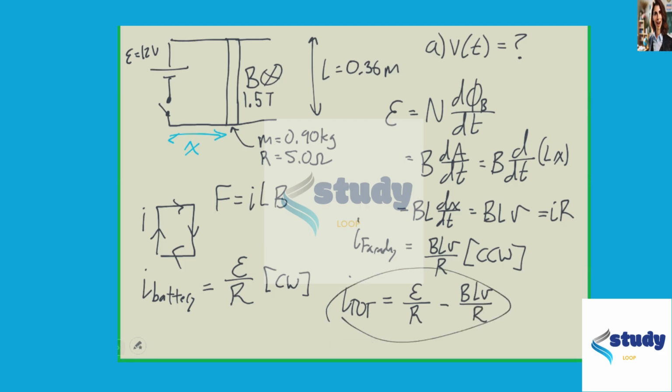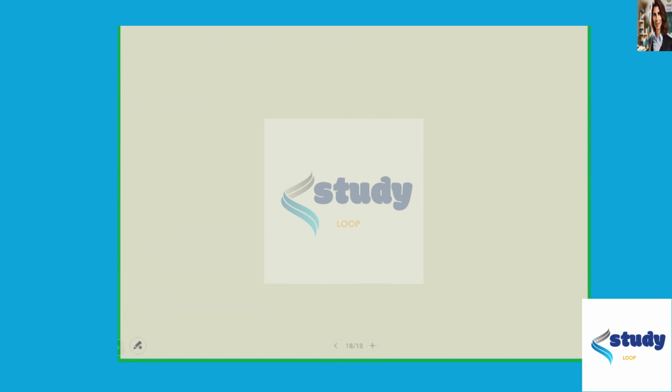Okay, so this is going to go into there. So we have F equals MA equals ILB, which equals the battery voltage minus BLV over R times LB.